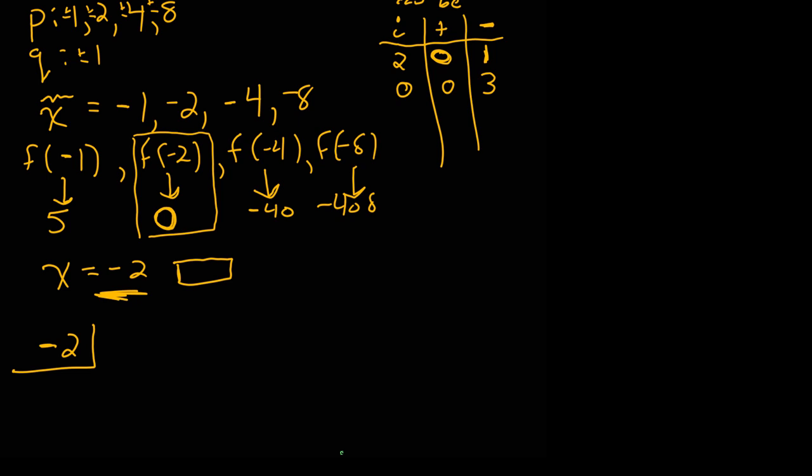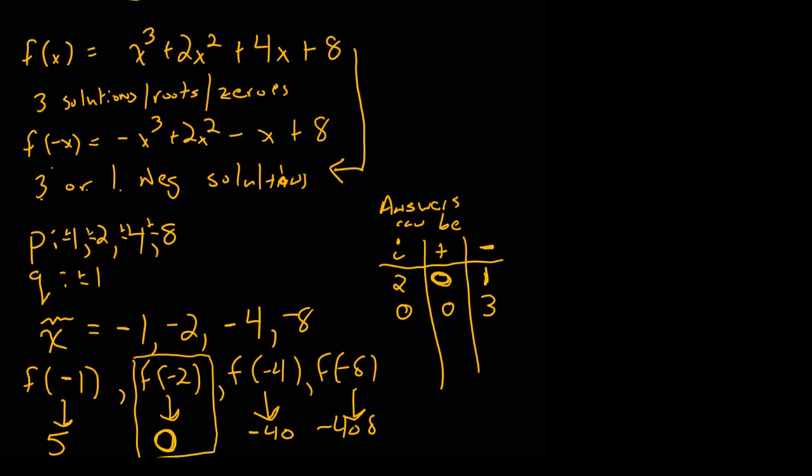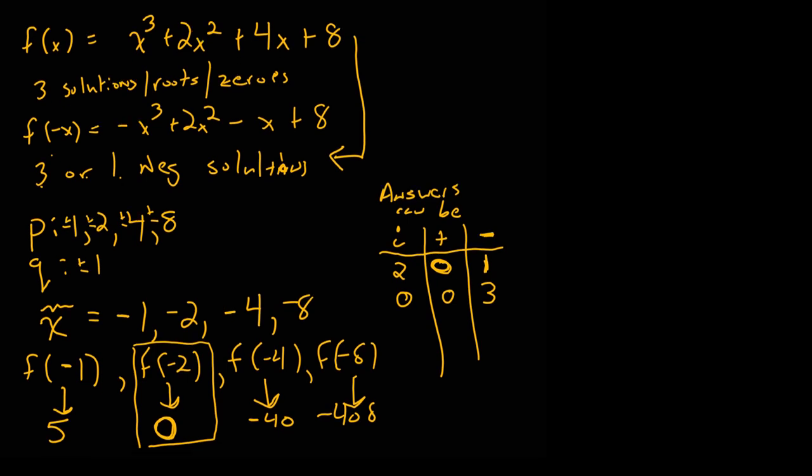Okay, so for row 1, why can't you have one imaginary, one real, and one negative? So imaginary numbers always come in pairs. So Josh has a question about this first row. Why can't we have one imaginary, one positive, and one negative?